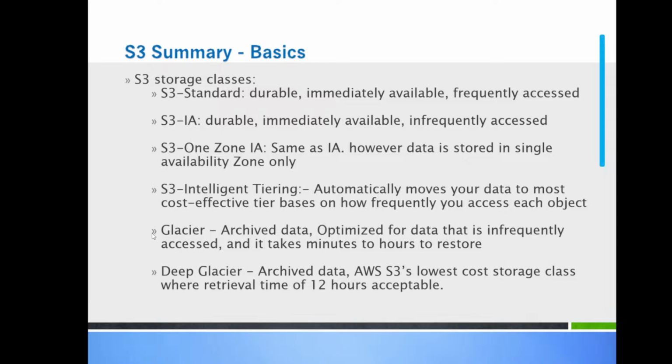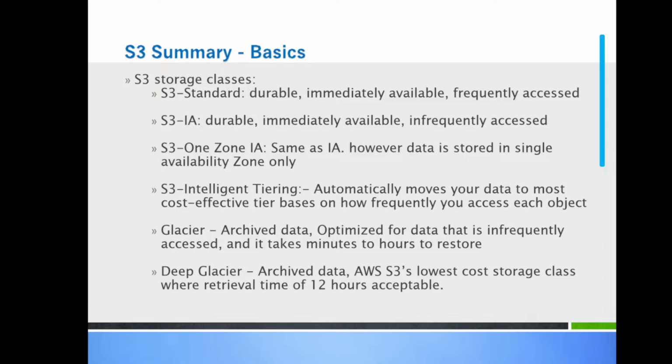Then we have Glacier. Previously there was one category, now we have three categories of Glacier. Instant Retrieval Glacier, where the data can be retrieved immediately. But what is Glacier? It is used for archival data, optimized for data that is infrequently accessed and can take a couple of minutes to hours to restore. So we got Instant Retrieval, where the data is available immediately.